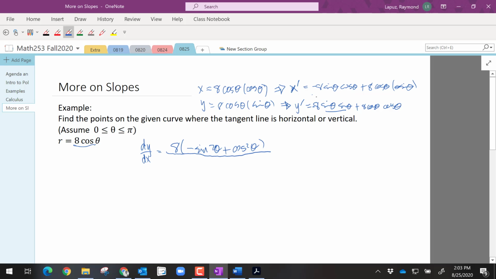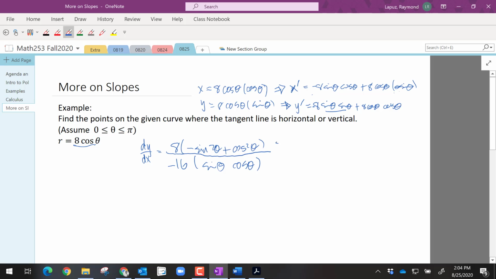So the denominator would be negative, negative, so that's negative 16 times, because we're adding the same thing, sine theta cosine theta. Okay, so those are constants that are sitting outside. We don't need to worry about them too much.